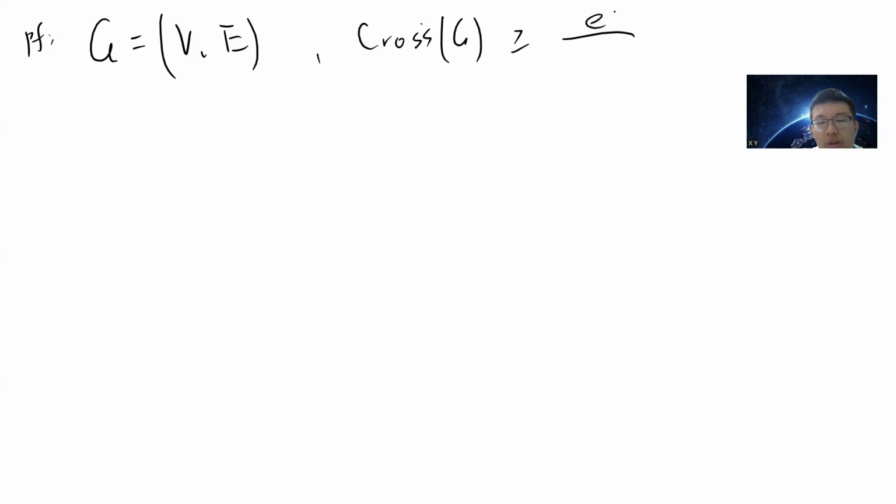Okay, so for the proof, we want to start from the crossing number inequality. The crossing number of G is greater or equal to E cubed divided by 64 V squared, where E is the number of edges and V is the number of vertices. So you have a lot of points and lines, and you want to construct a graph from your point-line configuration. Let me just draw something.